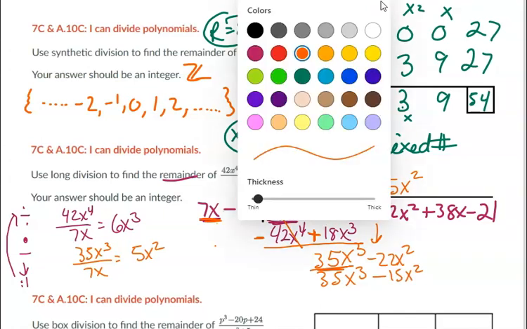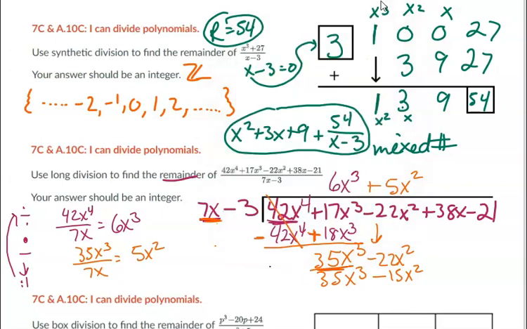And then we're going to change the signs of each when we subtract. So it becomes a plus. Those cancel. You're left with negative 7x squared. Bring down the 38x.